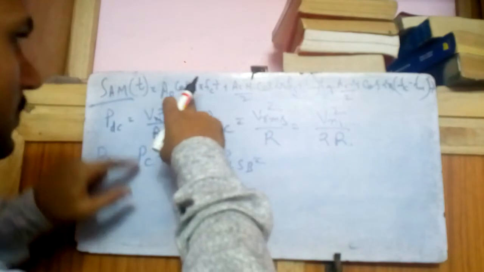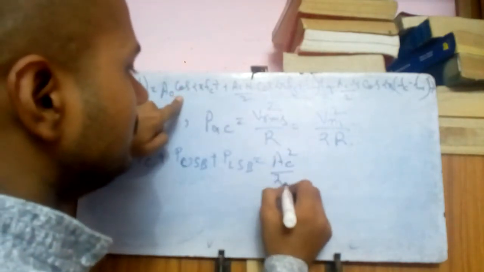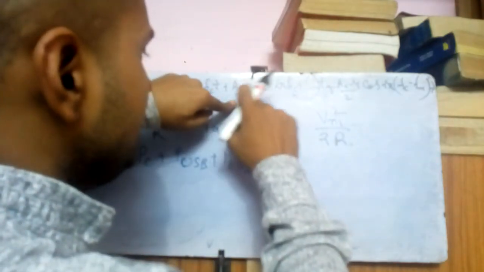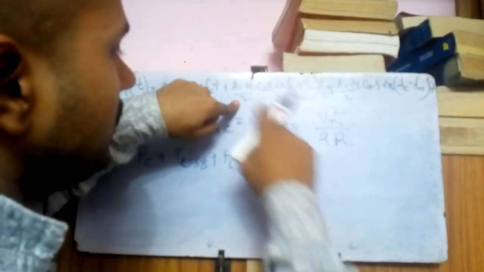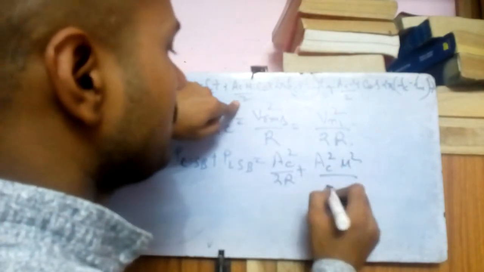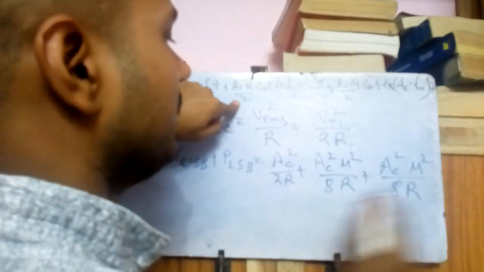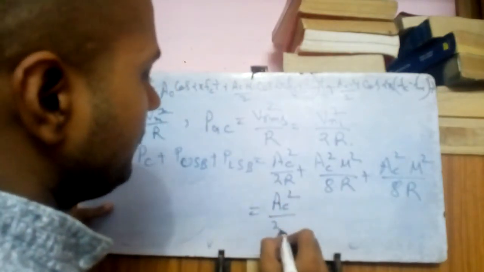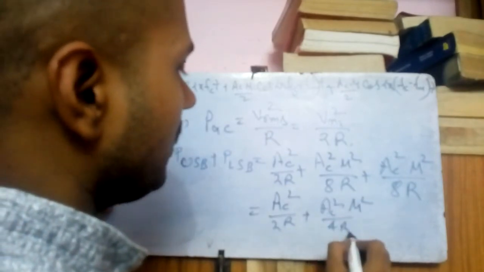The carrier power is AC square by 2R, plus upper sideband AC square mu square by 2 square into 2, again 2 into 2, 4 into 2, 8: AC square mu square by 8R plus AC square mu square by 8R. 8R and 8R will be added: AC square by 2R plus AC square mu square by 4R.